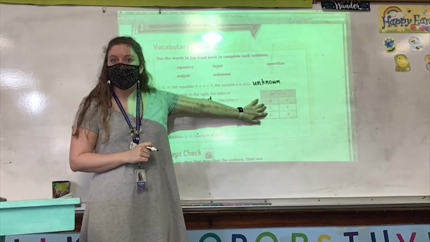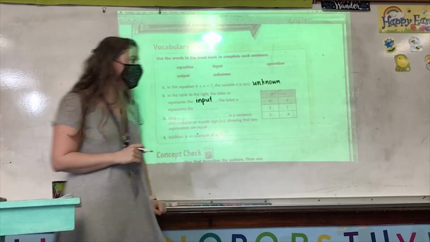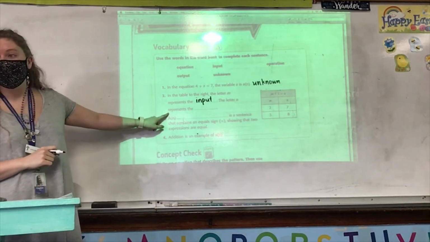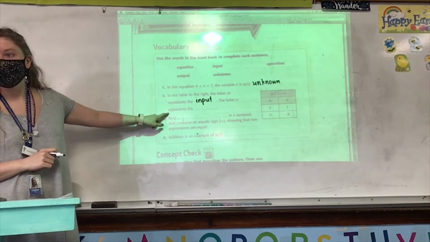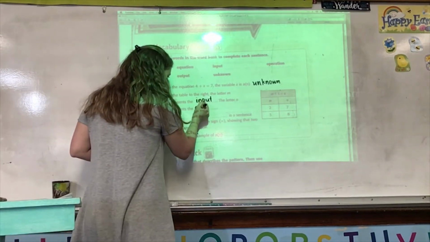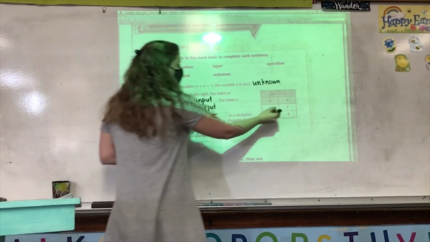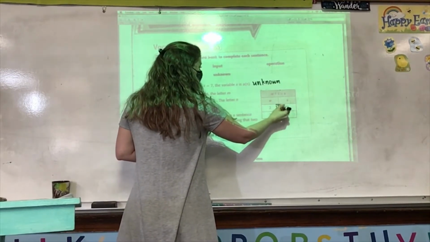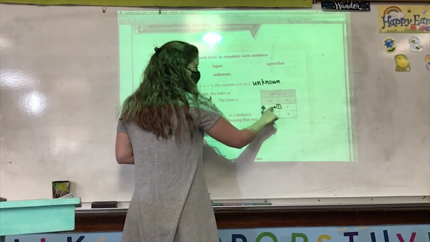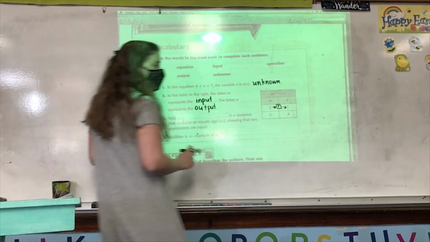It's usually the one on the left. Which means the letter N represents the output. The output is what comes out. So we imagine this imaginary magic box. The input goes in, the output comes out.